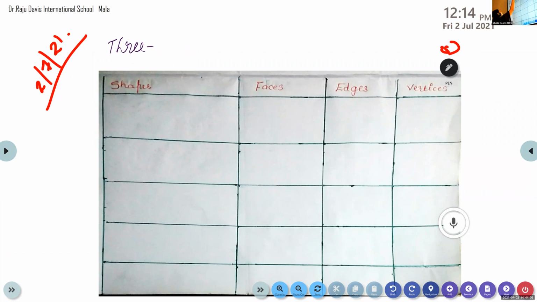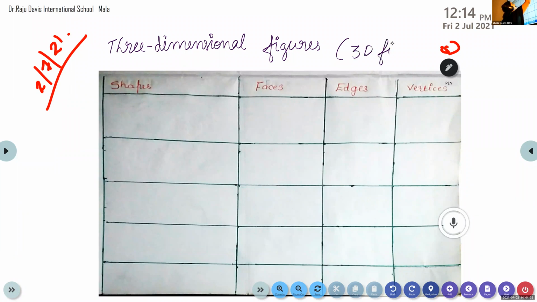Three-dimensional shapes, or figures, is good because we already wrote 2D figures. So it will be 3D figures.